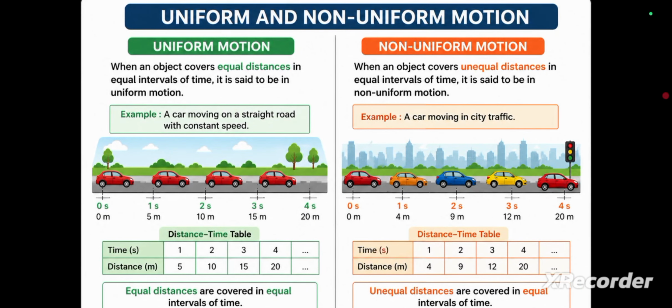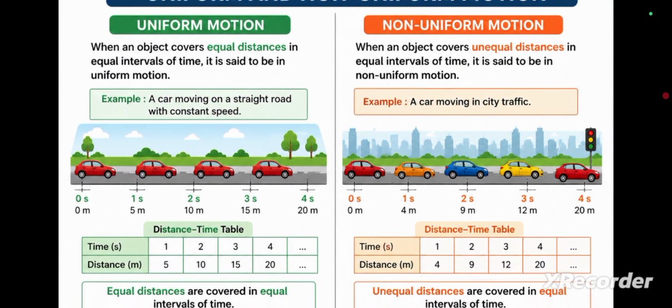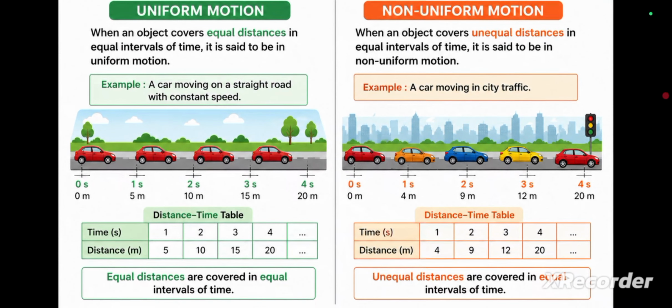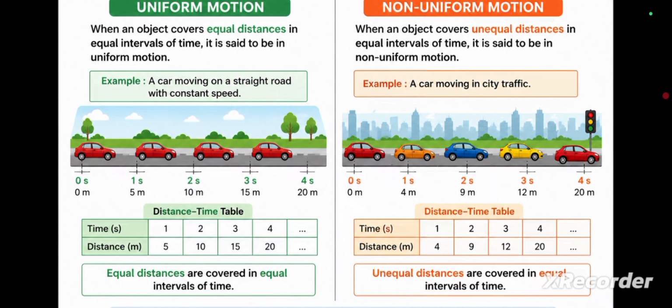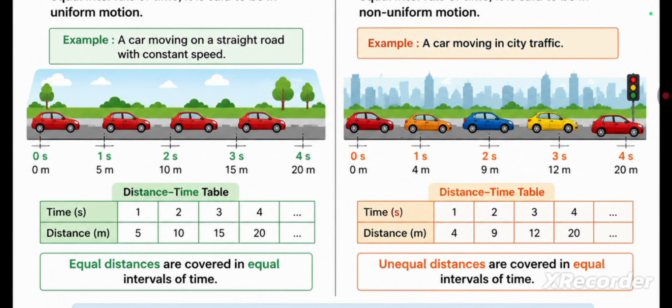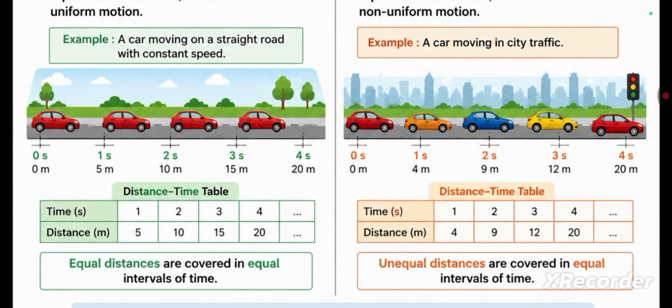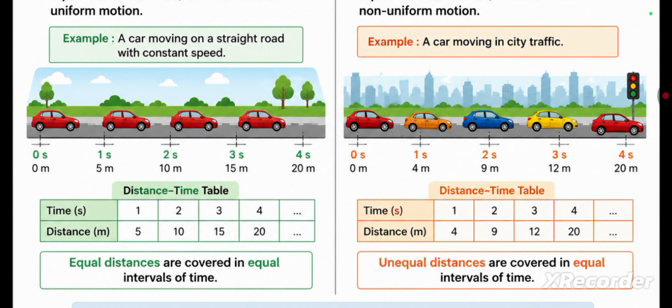What is uniform motion? When an object covers equal distances in equal intervals of time, it is said to be in uniform motion. For example, a car moving on a straight road with constant speed. Suppose the car is at rest at 0 seconds, so its distance is 0.